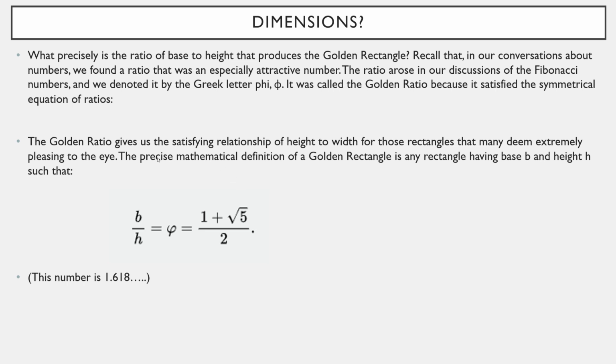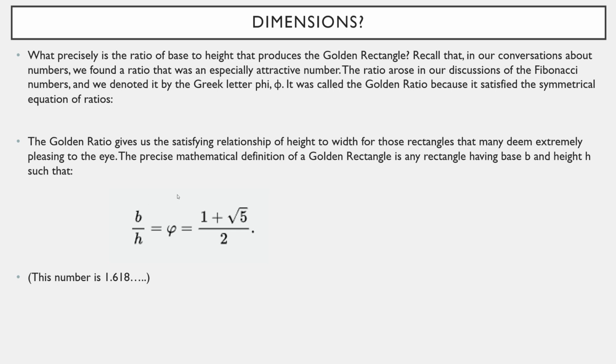The precise mathematical definition of the golden rectangle is any rectangle having base B and height H such that when you take the ratio of the base to height, and the base and height can flip, you'll see when we do some examples that the higher number is always going to go in the numerator.